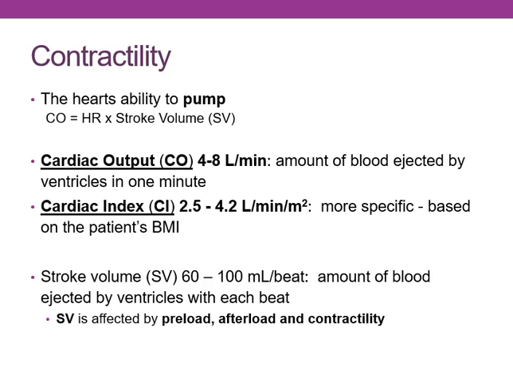But what I want you to understand is look what stroke volume is made up of: preload, afterload, contractility. They are all interwoven. So if I have poor stroke volume, I could have a preload issue, I could have an afterload issue, I could have a contractility issue, or I could have issues in any and all of those.